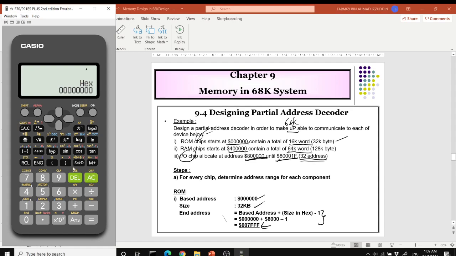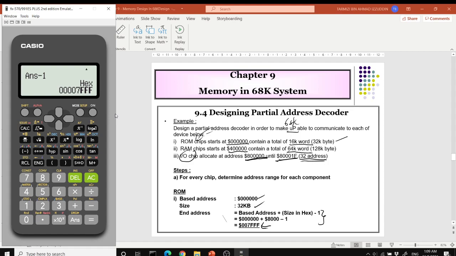In hex it is 000000, plus 1024 times 32, which is equivalent in hex to 008000, and then finally you minus 1, so you'll get 007FFF.